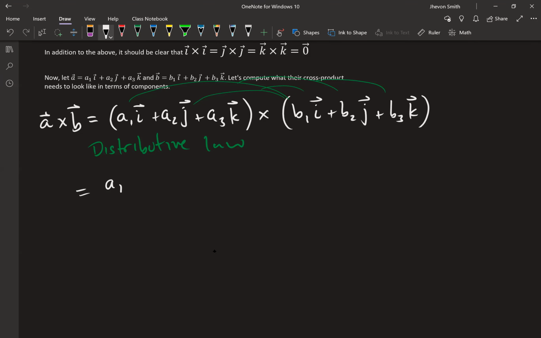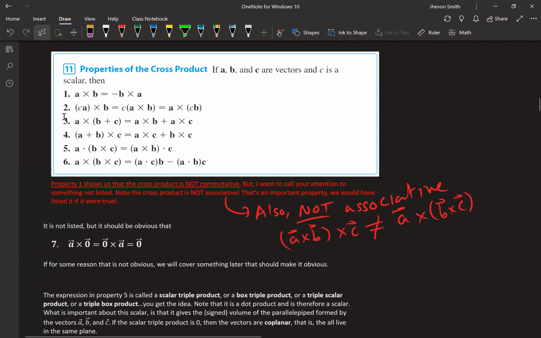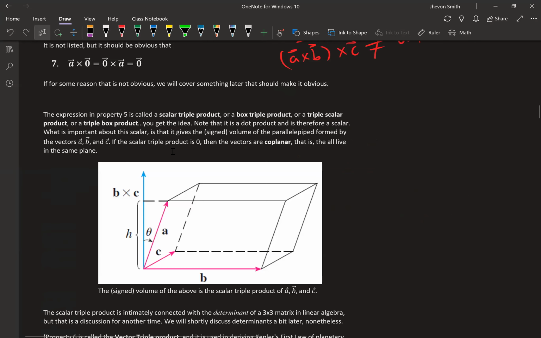I would have a1 b1, i cross i, plus a1 b2, i cross j, plus a1 b3, i cross k. Here I'm using property 3, which tells me I can distribute, as well as property 2, which tells me I can factor the constants and move them all in front.